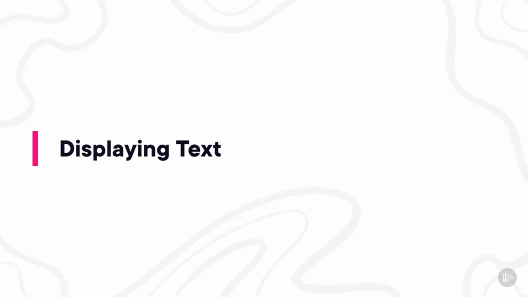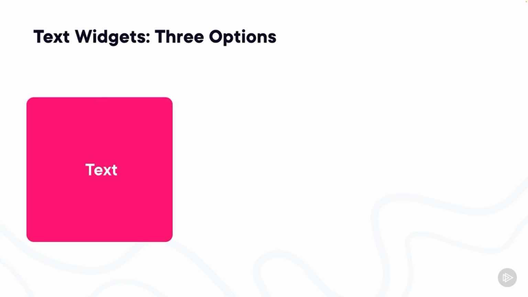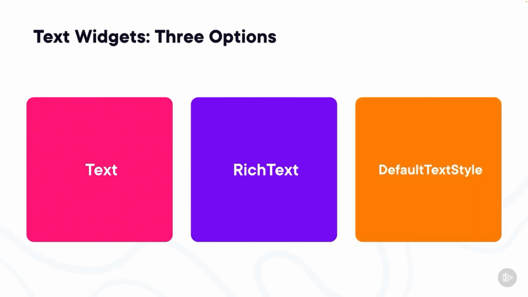One of the fundamental widgets of any Flutter application that is displaying text is the text widget. There are 3 different text widgets in Flutter that you can use. The basic text widget for simple text, rich text for more complex styled text, and default text style for applying a consistent text style across multiple widgets which don't have an explicit style.